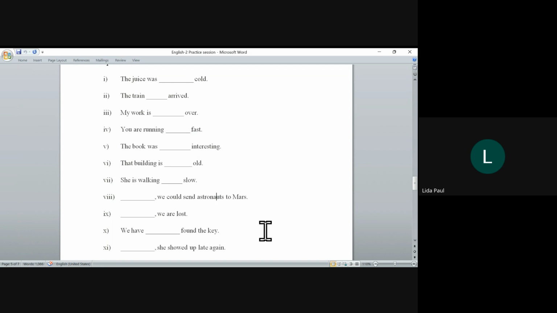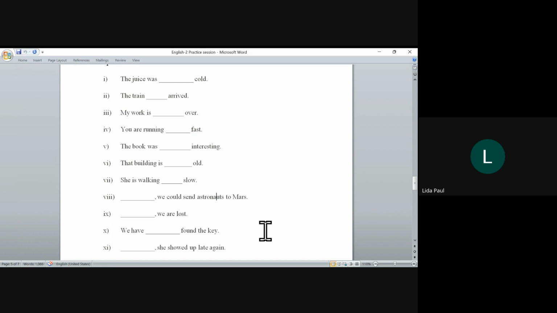Too old. You can say too old. Try using other adverbs of degree than just the commonly used ones. So you can say rather also. Rather old, right? All of them you can use.